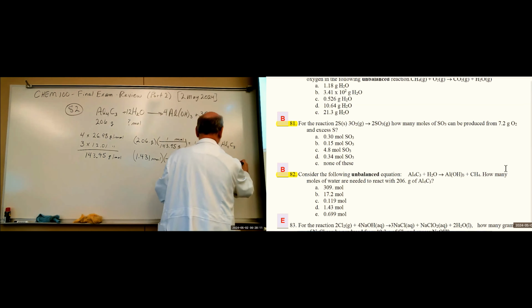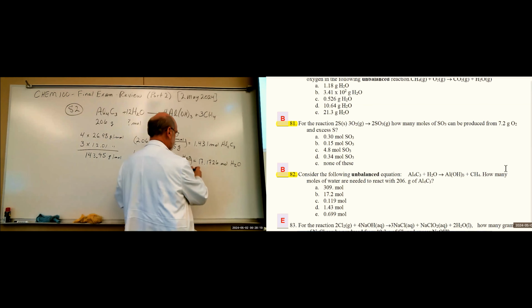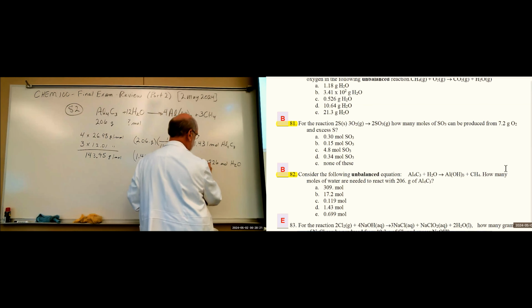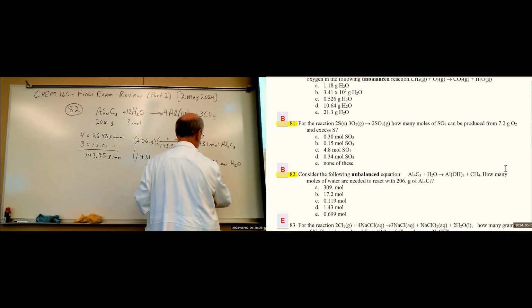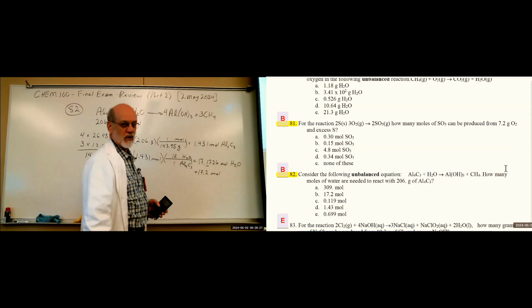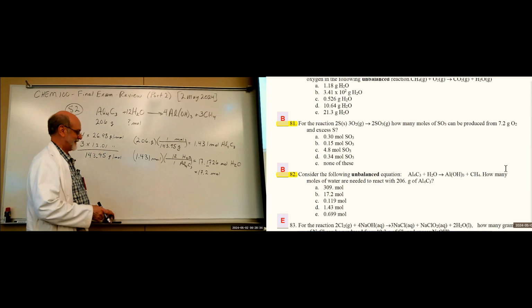Now let's round it correctly. We had 206. That's 3 significant figures. So we're moving to that position. 17.2. 17.2 moles, which would be B. Okay?